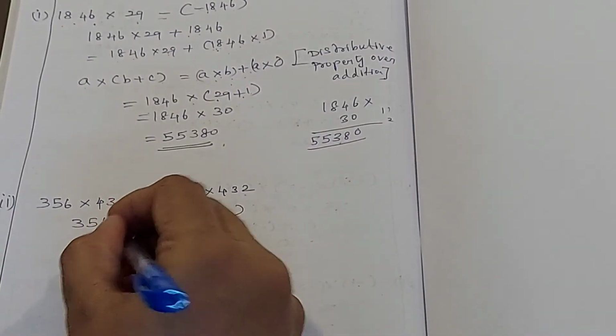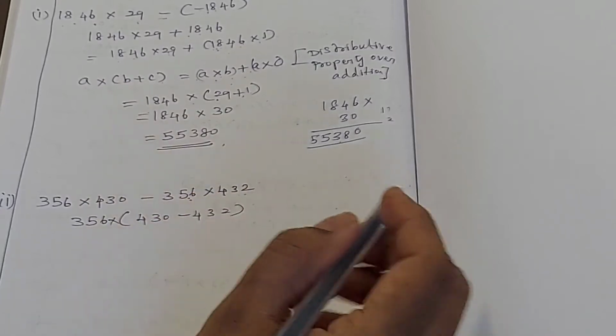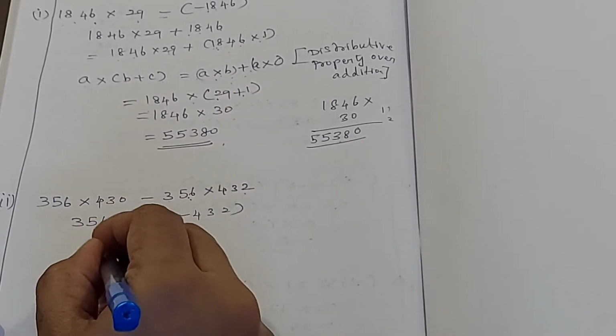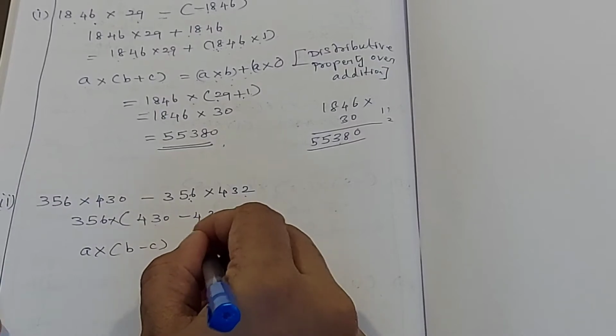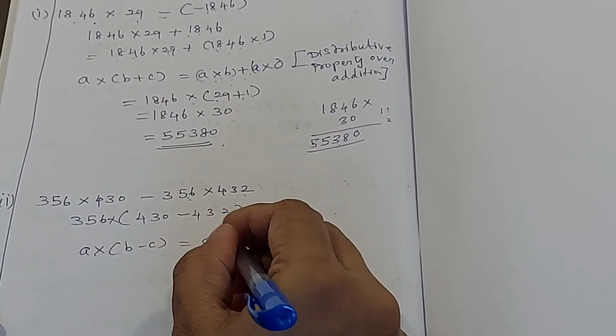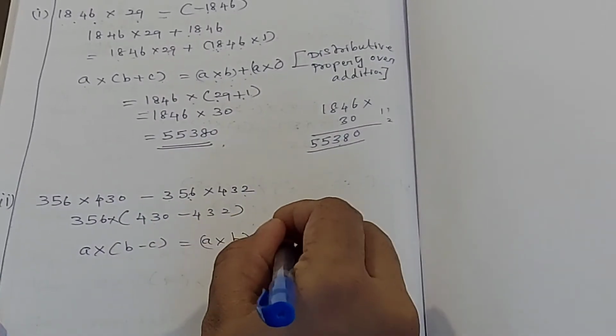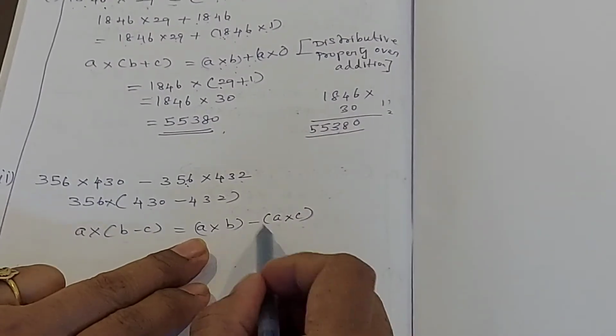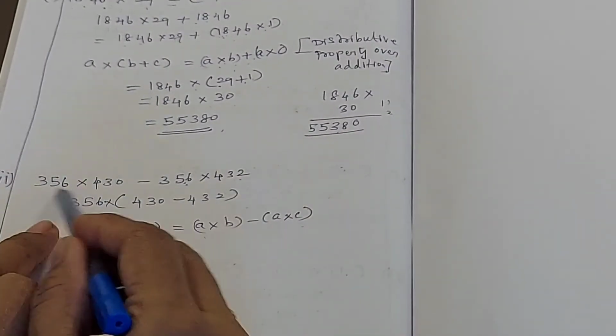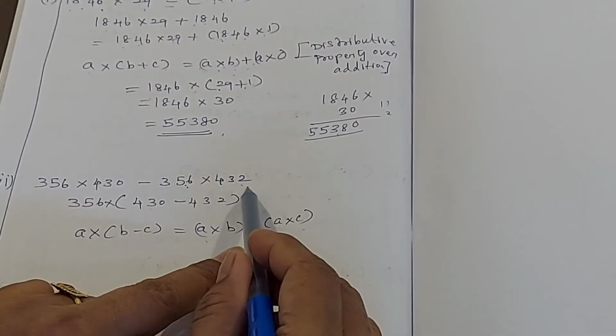That is A cross (B minus C). This is equal to A cross B minus A cross C. See from this we have got the sum. A cross B is here and A cross C is here.